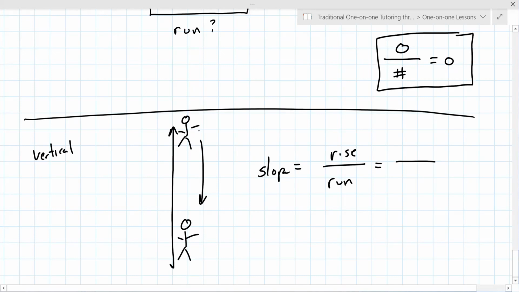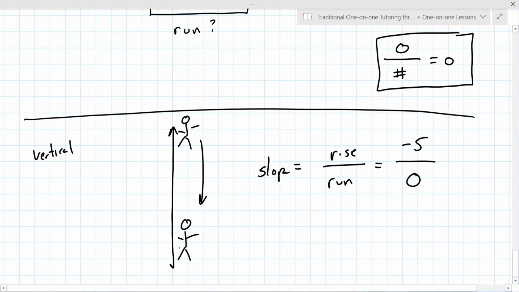How much up or down have you gone here? Down 5. And how far did you run? How much left or right did you go? It's a straight drop down, so 0.